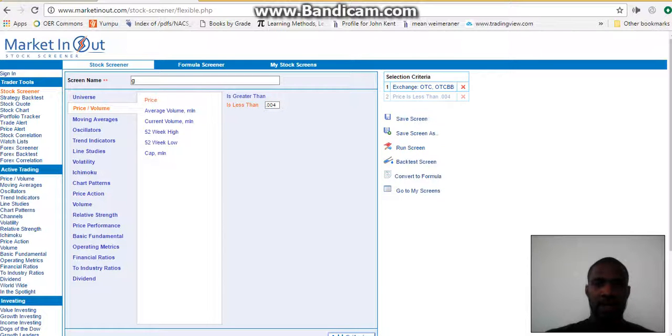The reason I say 0.004 is because penny stocks can move up towards a penny real quick, and if you have anything that is 0.004 or lower, that means you're going to make 100% profit if it moves up towards a penny. So I want anything that's less than that. Again, click add criterion, and it'll be on your list.